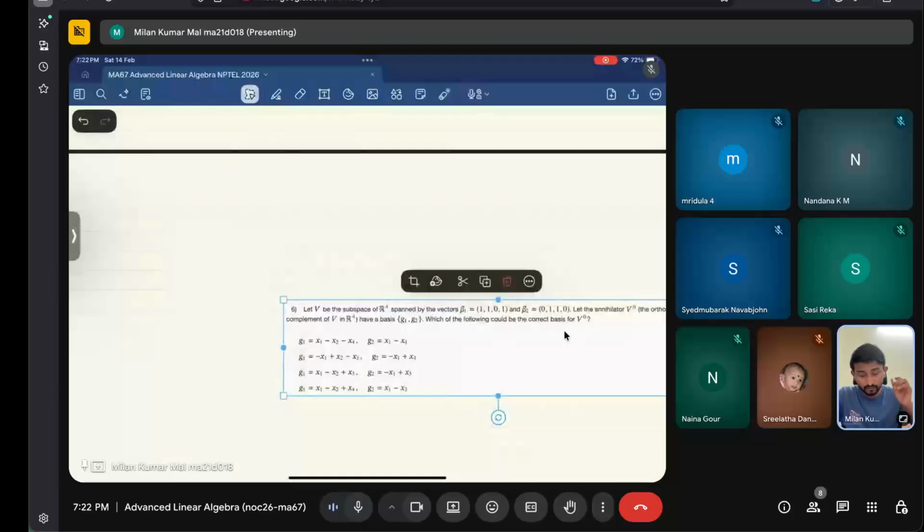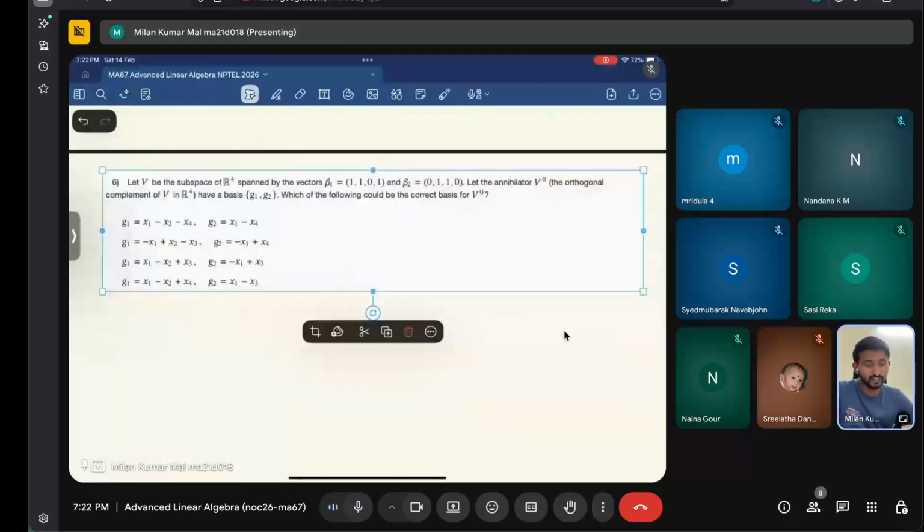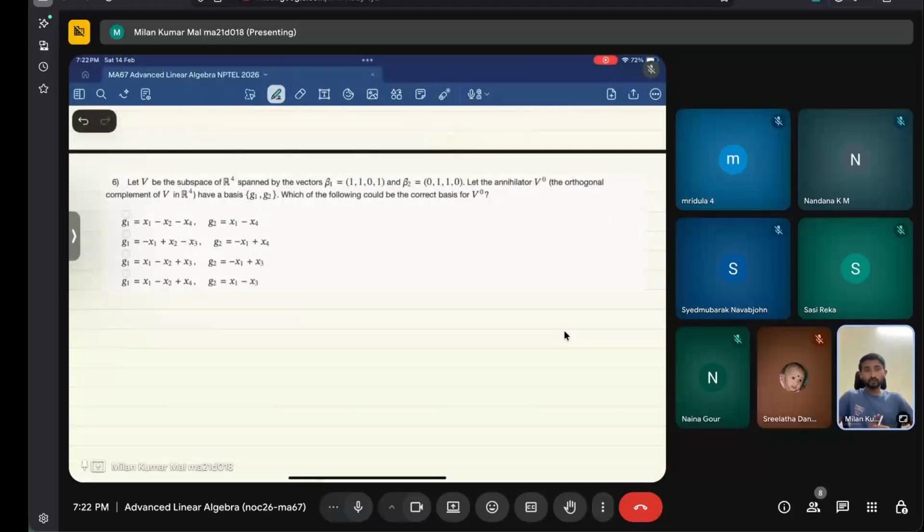So this is another problem, and this is another new style problem. So we need a new theorem once again. What it says: let V be the subspace of R4 spanned by vectors beta 1, beta 2. Regarding the annihilator, once again we need the annihilator.